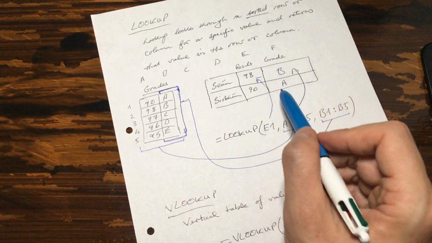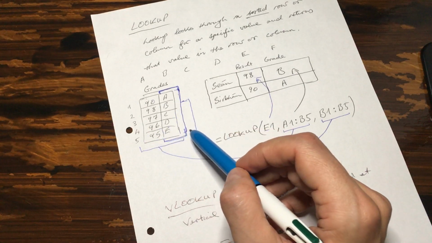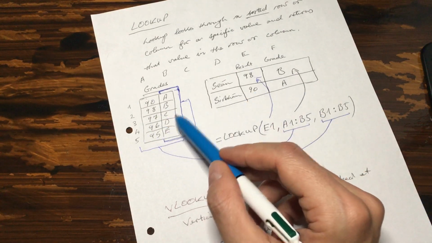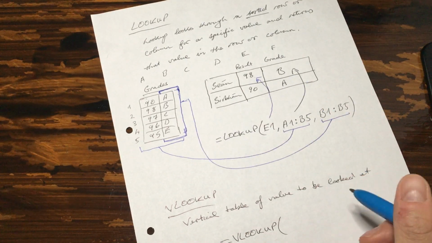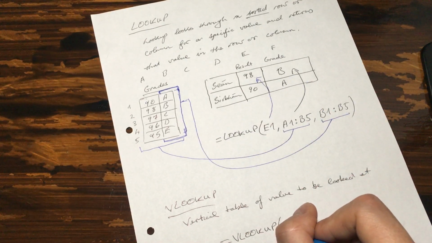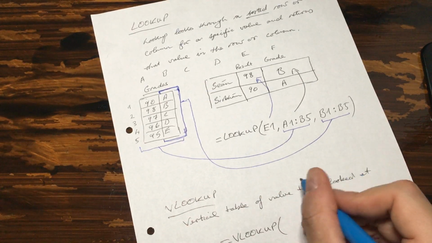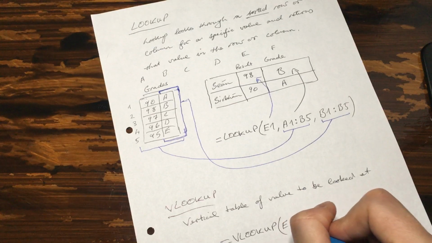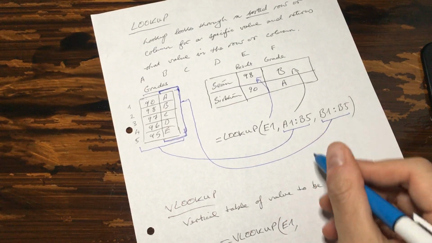So this is one where it has to be kind of sorted, so it is sorted in order. But if you had values that weren't sorted in order for some reason, then you could have a look at how to do that instead. So VLOOKUP, and this is going to be the last one that we're going to do today. So VLOOKUP, I'm going to do it's E1 again, and then just do the comma, the range of cells.